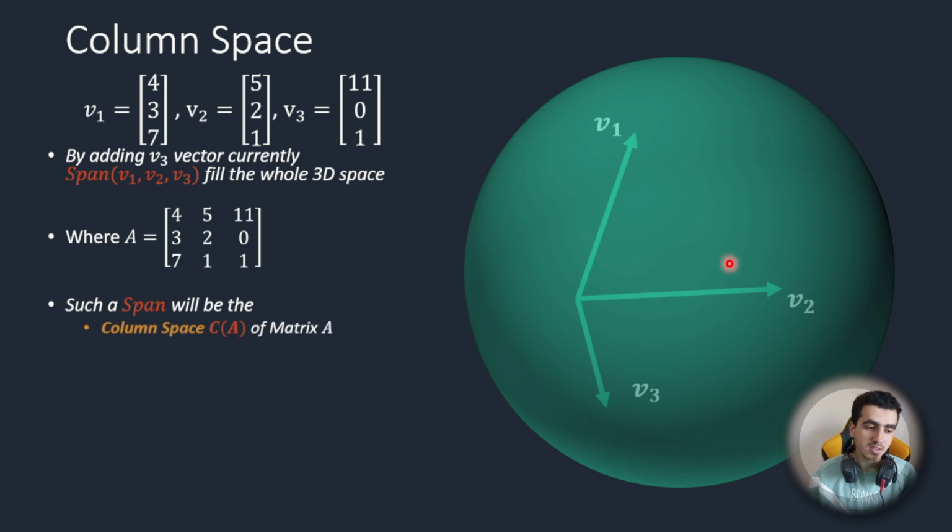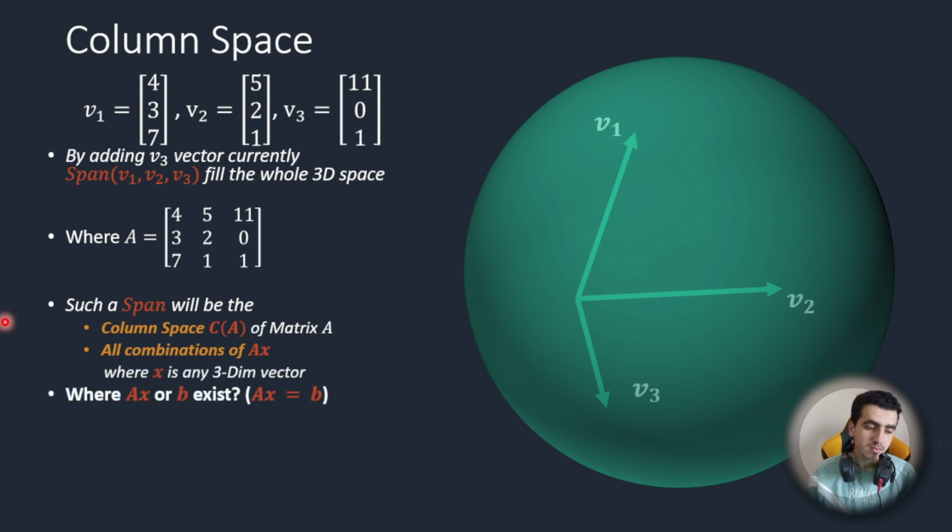Such a span will be the column space of the matrix A, which is all the combinations AX, where X is any constant that can be multiplied by this matrix A. This X can be a vector, and AX will transform this vector into another vector, and this other vector will exist inside the column space of the matrix A, in this sphere.